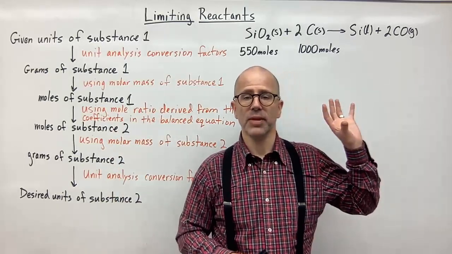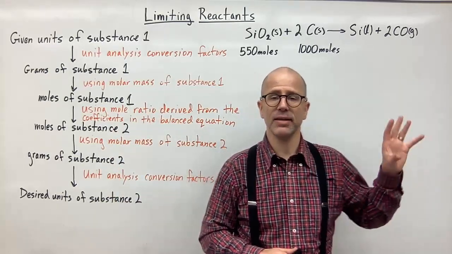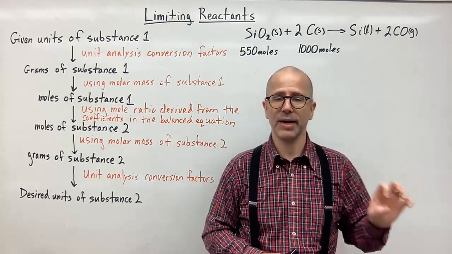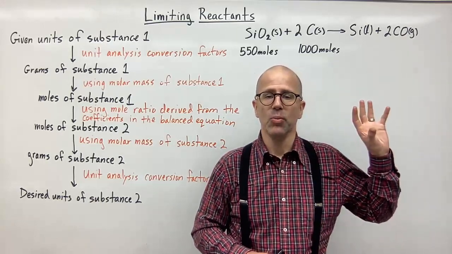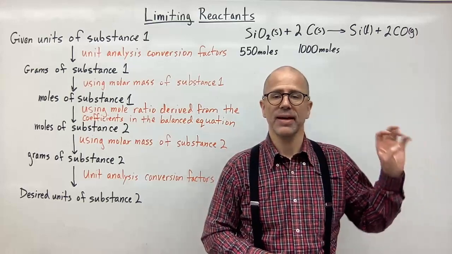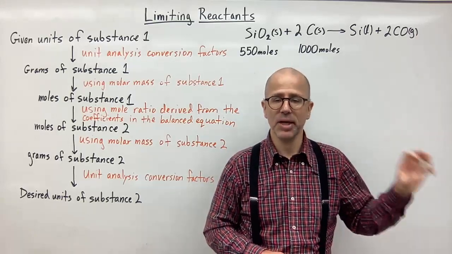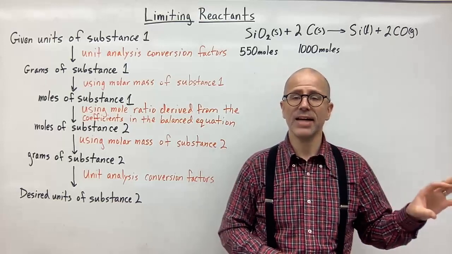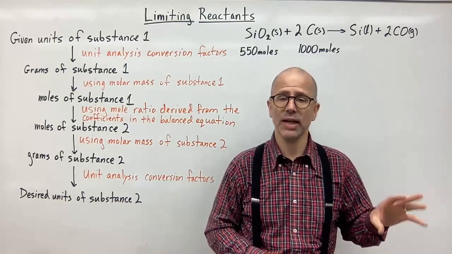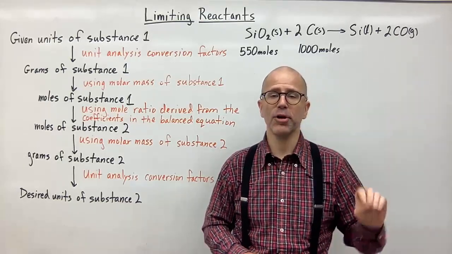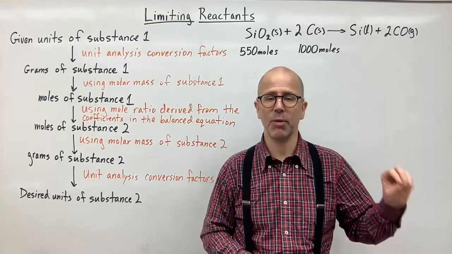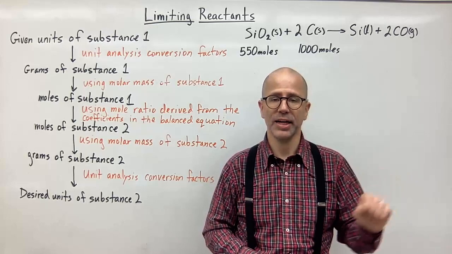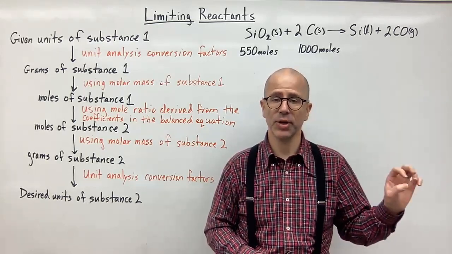So in my peanut butter and jelly sandwich analogy, I can only make as many sandwiches as the ingredients will allow. Whatever ingredient I run out of first is going to limit how many sandwiches I can make. That's the limiting ingredient.